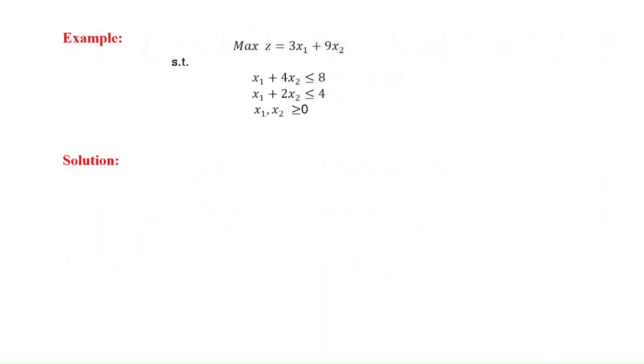So let's consider this example. Maximize z is equal to 3x1 plus 9x2 with the two constraints we have. Now as these are less than or equal to constraints, we know that we have to add the slack variables.